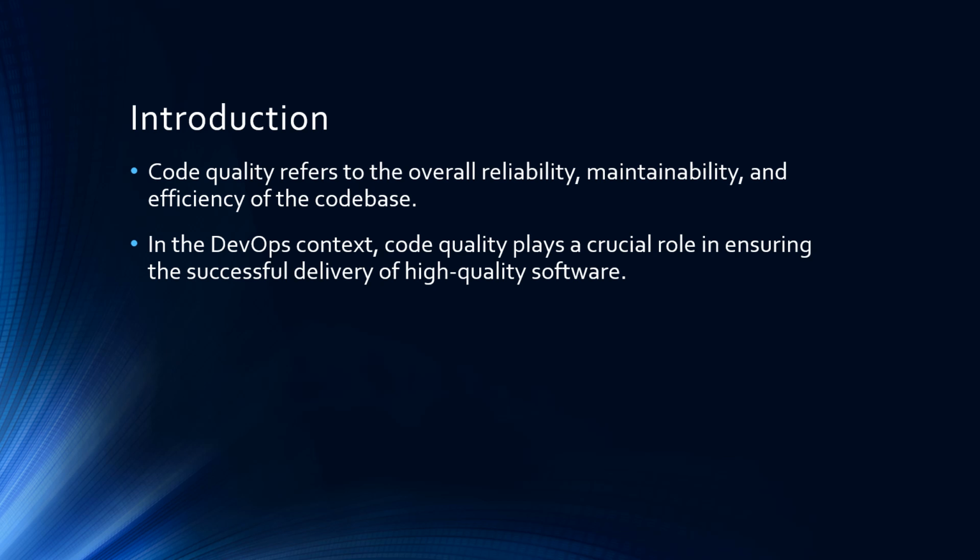I've observed that organizations that prioritize code quality in their DevOps practices typically experience smoother deployments, fewer production incidents, and more predictable release cycles. This is because high-quality code is inherently more testable, deployable, and manageable. The key is to understand that code quality in DevOps goes beyond traditional metrics.